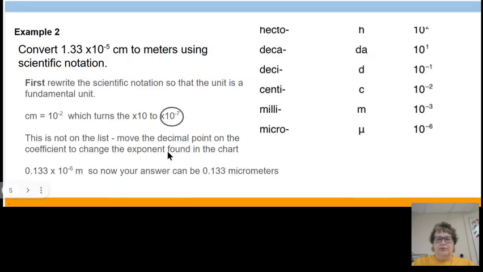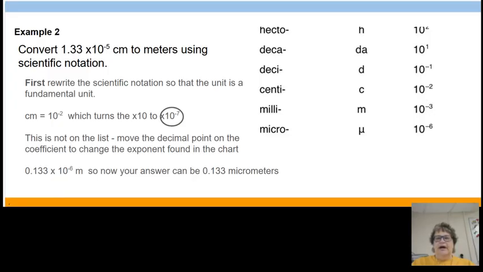Here's another example. I want to convert 1.33 times 10 to the negative 5 centimeters to meters using scientific notation. So first thing I'm going to do is change it to meters. So I have centi, centi is times 10 to the negative 2.